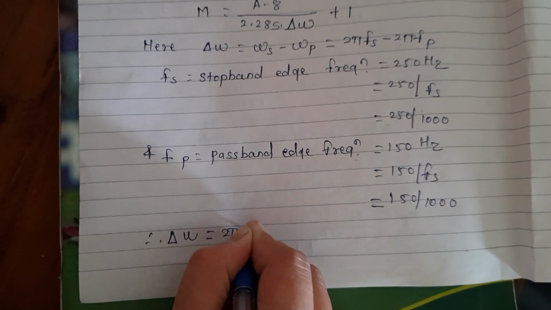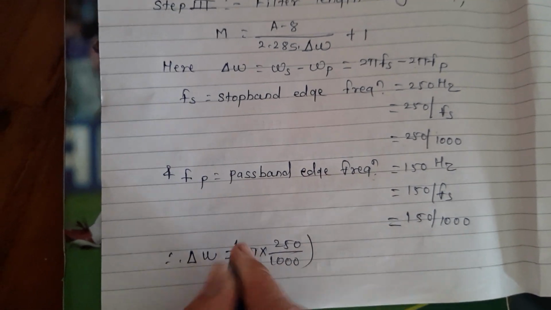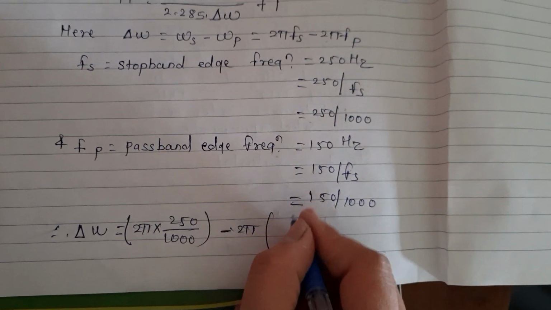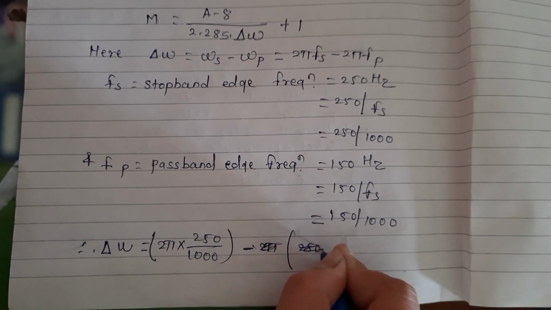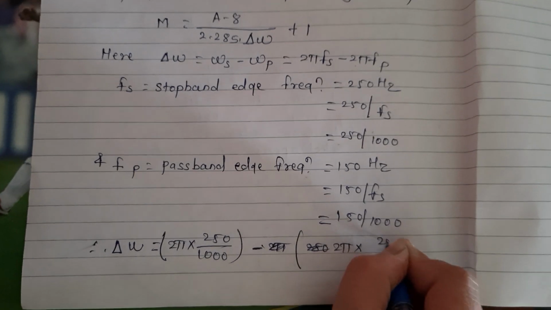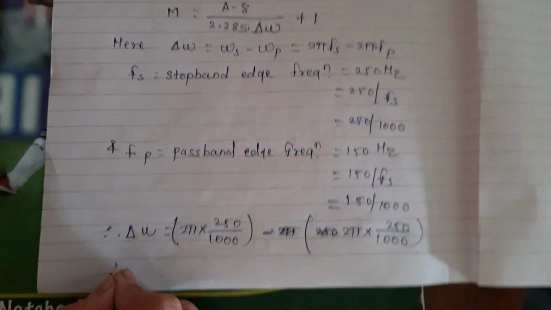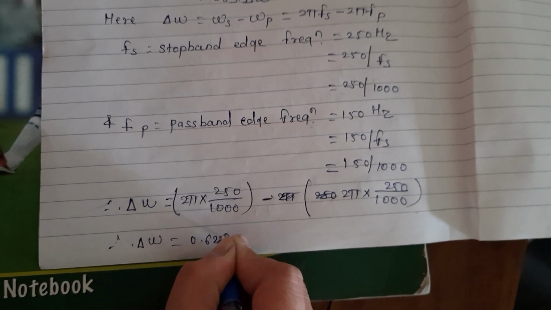Now we replace this value in the above equation. It is 2 pi into 250 divided by 1000 minus 2 pi into 150 divided by 1000. So the value of this is 0.628.